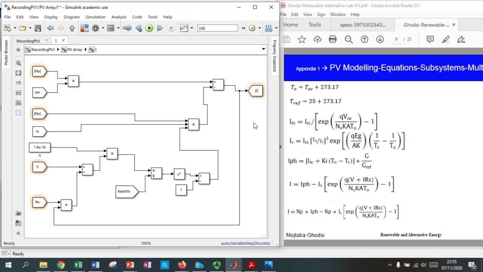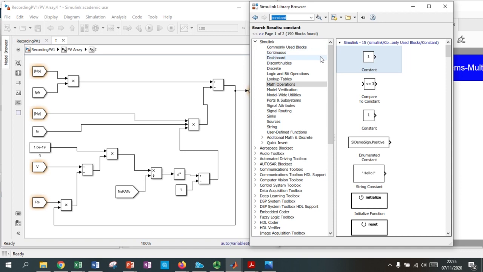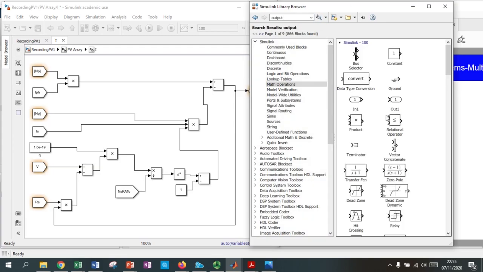Then we need one output, and we need to submit, and we need to save the data here. Then again, this is the output here. Output. From this I, we need two outputs.